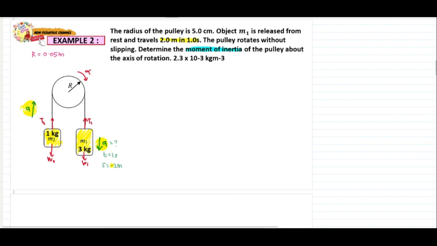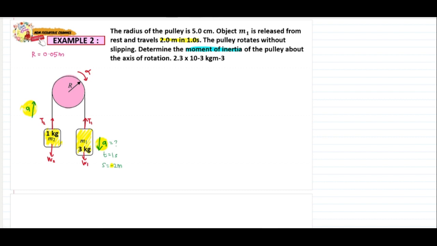Who will rotate? Only this pulley undergoes rotational motion. So only this is related to angular acceleration. Okay? Alright, so now let's proceed.